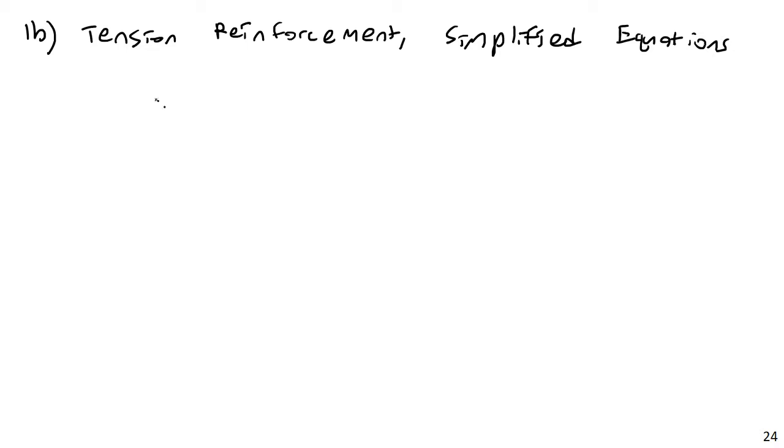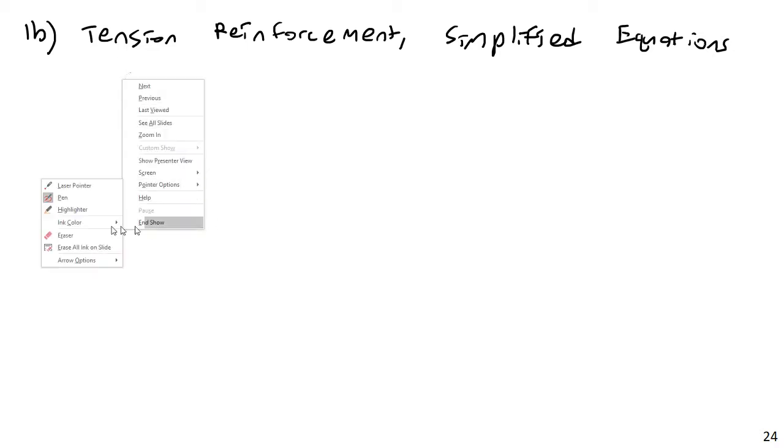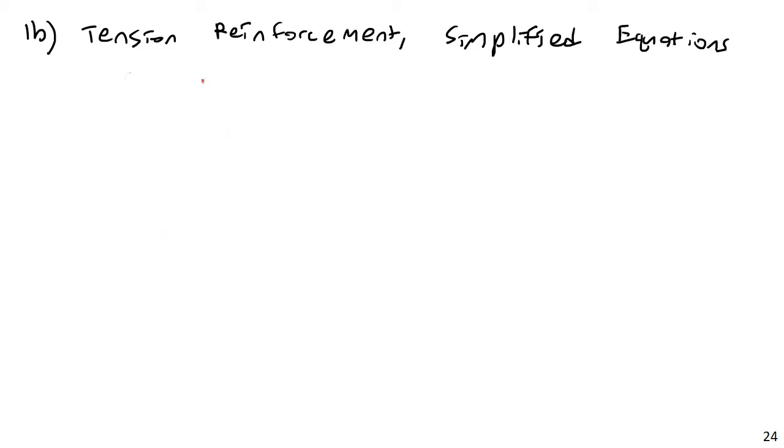And this is going to be a table, and these can be found in Table 25.4.2.2. And what do I mean by simplified? If you have your code in front of you, please go to this table.